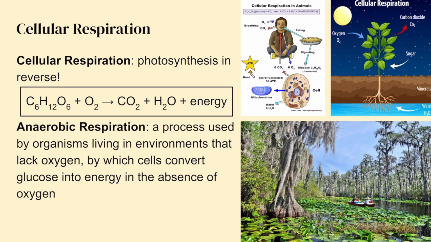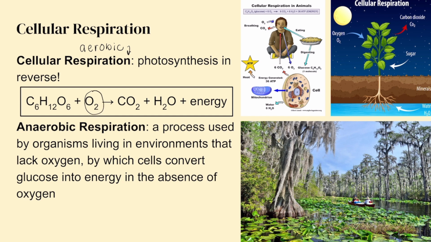So while only plants and other producers actually do photosynthesis, both plants and animals and other living things perform cellular respiration. Cellular respiration is also called aerobic respiration, which just means that it has to be done in the presence of oxygen.